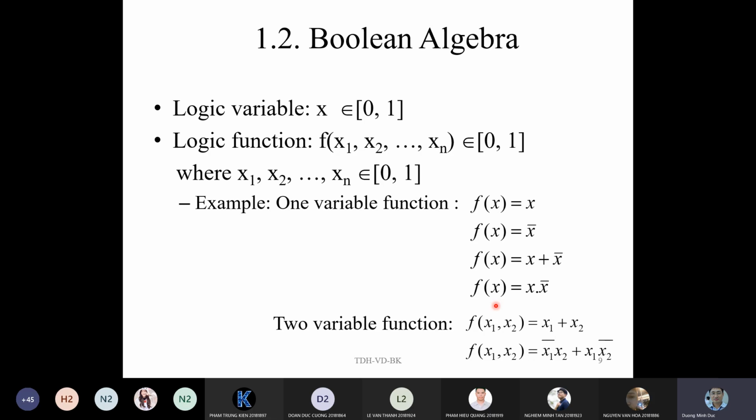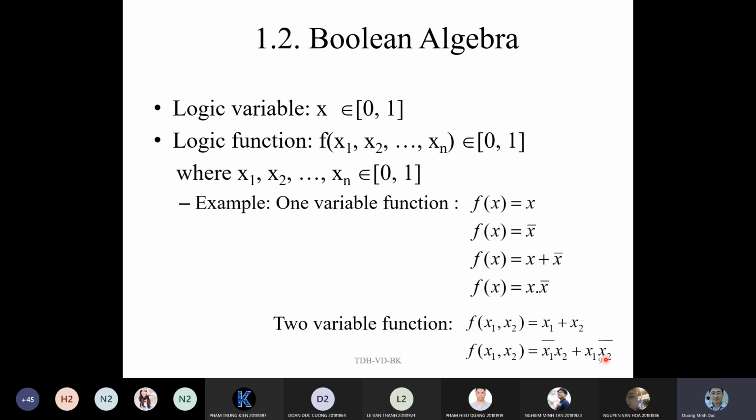For example, here I put a function of two logical variables: f(x1, x2) equals x1 plus x2, or f(x1, x2) equals negation x1 multiply x2 plus x1 multiply negation x2. So you can have some imagination of how we can present logical functions.